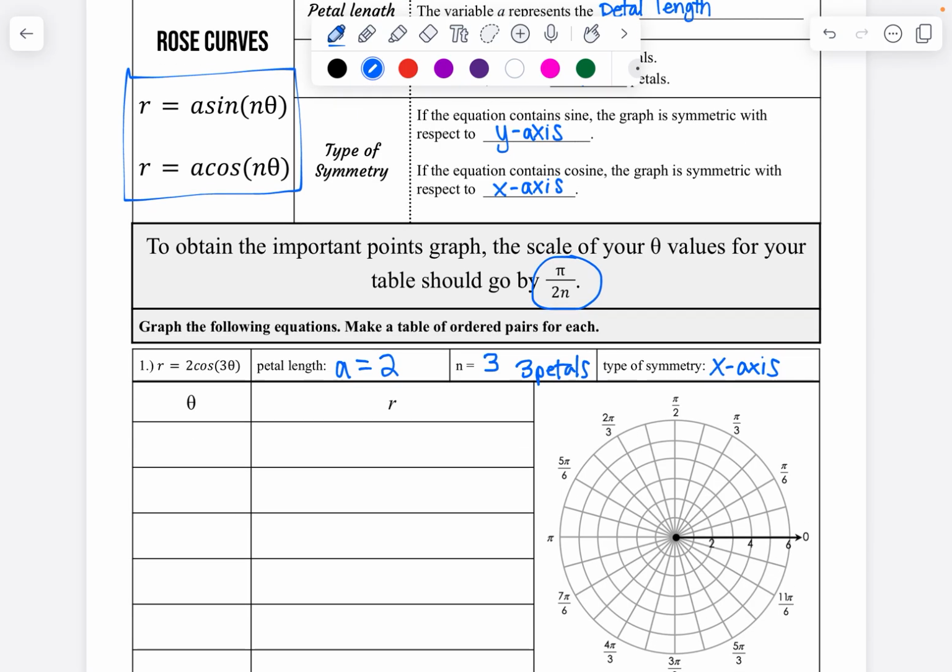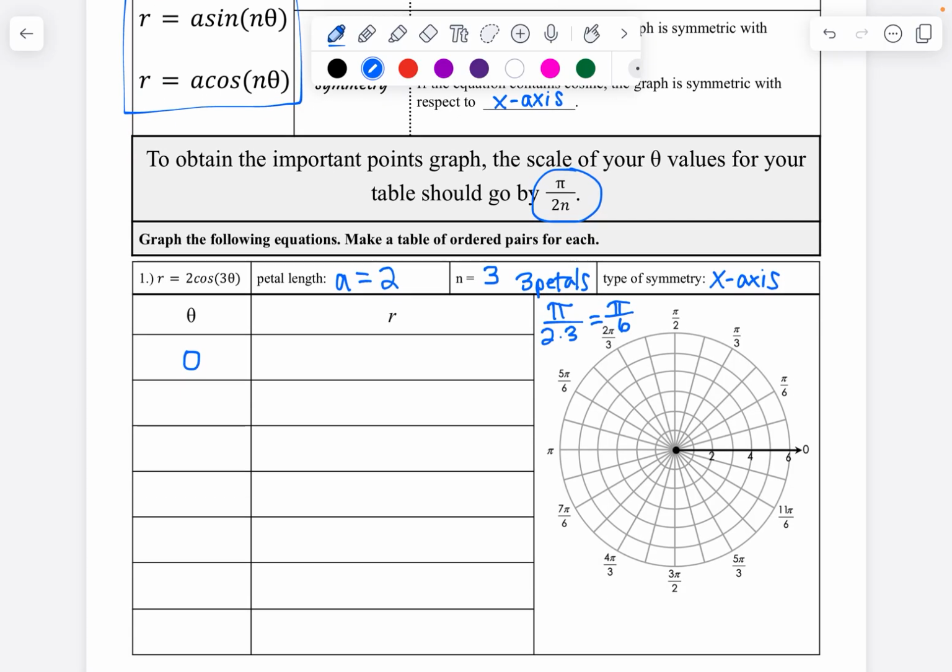Now I'm going to take pi and divide it by 2 times n. Since n is 3, I do pi divided by 2 times 3, and so I'm going to get pi over 6. I'm going to start always at 0, and then count up by whatever I got when I did pi divided by 2 times n.